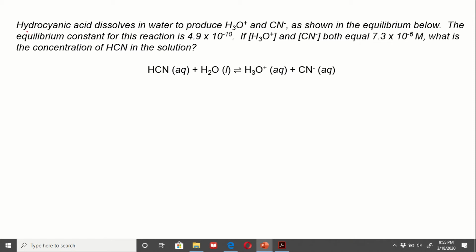The next question. You have hydrocyanic acid dissolved in water to produce H3O plus and CN minus, and you are provided with the equilibrium expression.